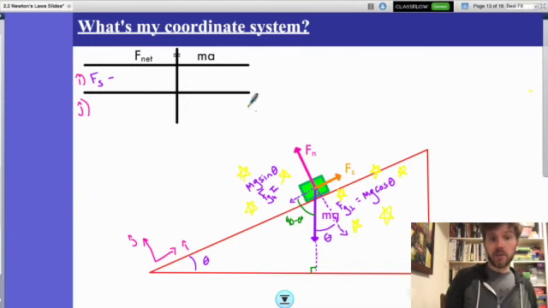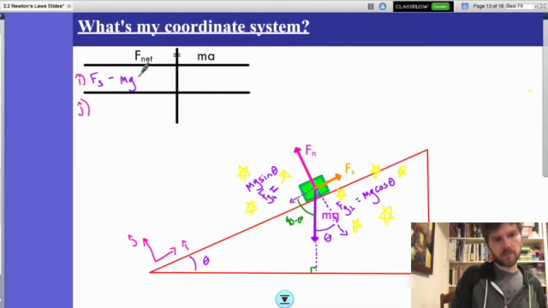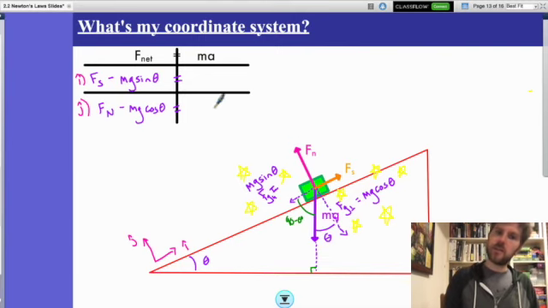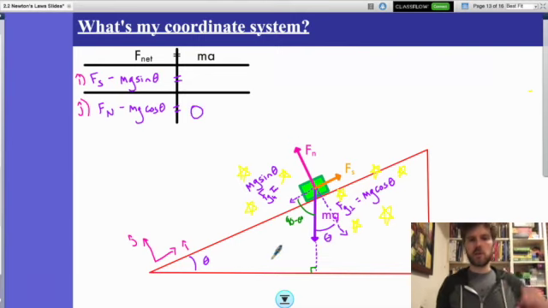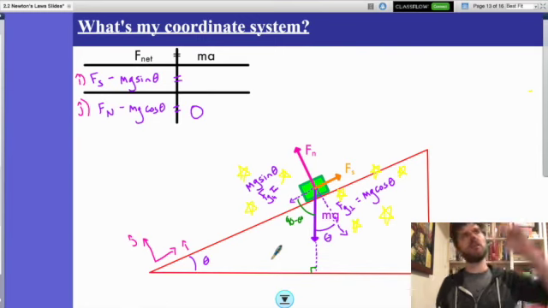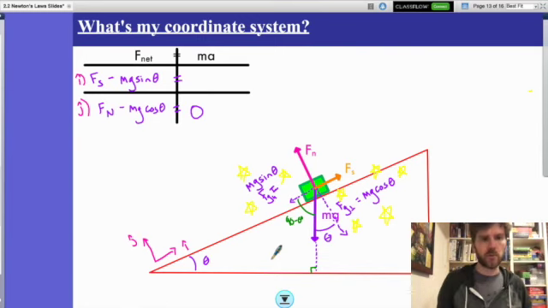And the reason that this is really important is that it changes all of these things as we go. So in my parallel direction, static friction is now opposing mg sine theta. And my normal force is opposing mg cosine theta. Now, in the j-hat direction, maybe it's clear that these add up to 0, because again, Spooky is not lifting off the ramp or burrowing down into the ramp.